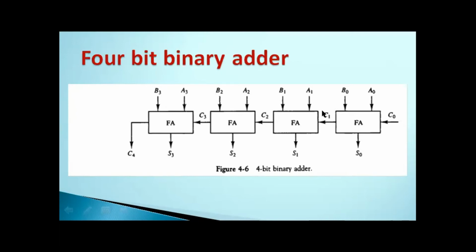The n bits for the A inputs come from one register, that is R1, and the n data bits for the B inputs come from another register, that is B0, B1, B2 and B3. The sum can be transferred to a third register, or we can store the sum in one of the source registers. This is regarding our 4-bit binary adder.